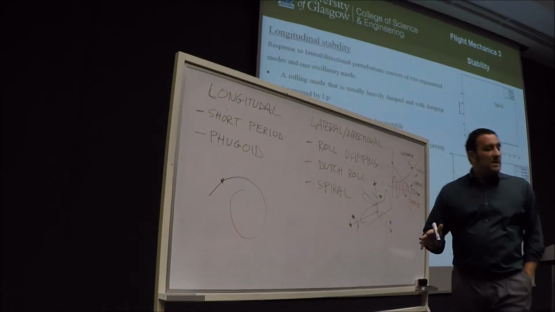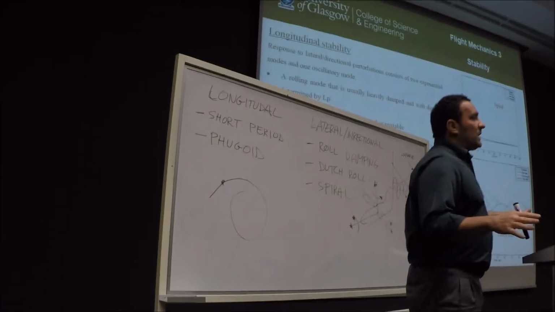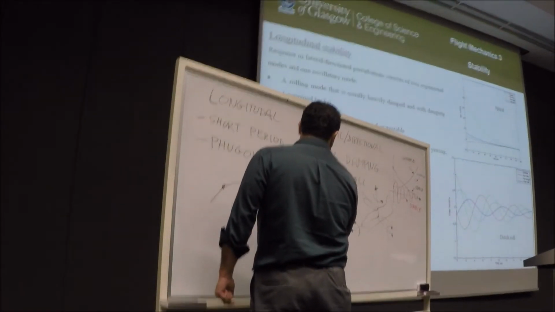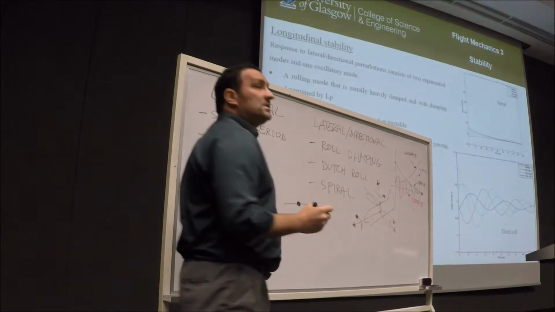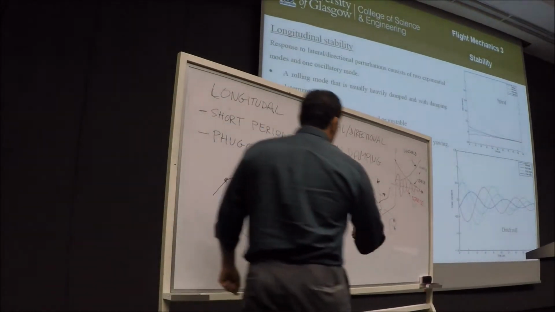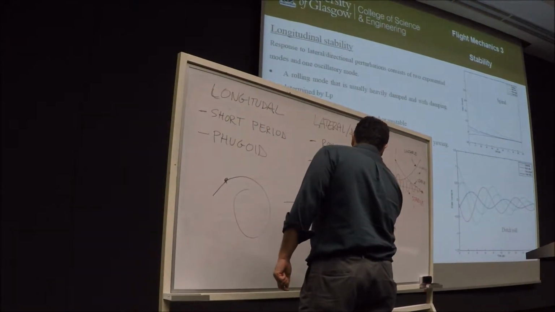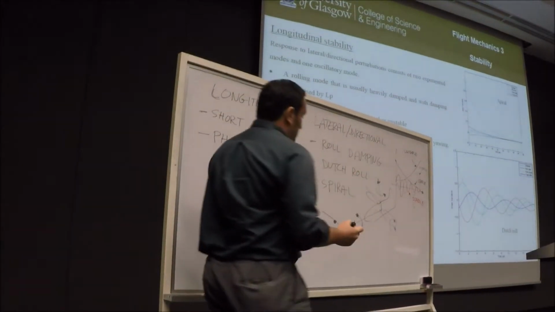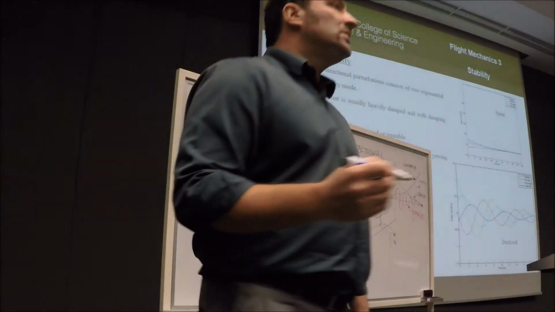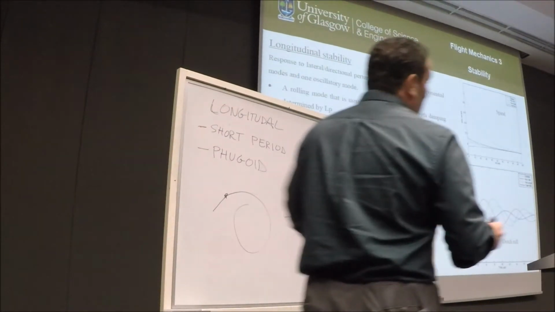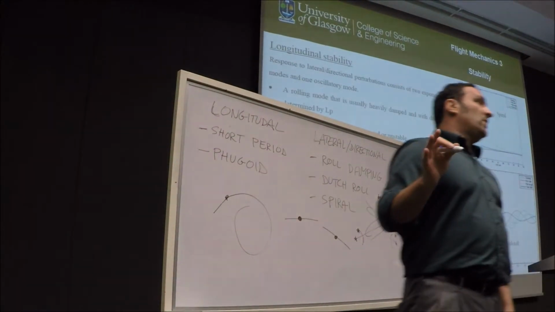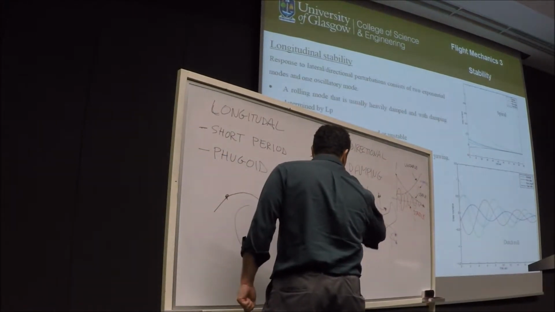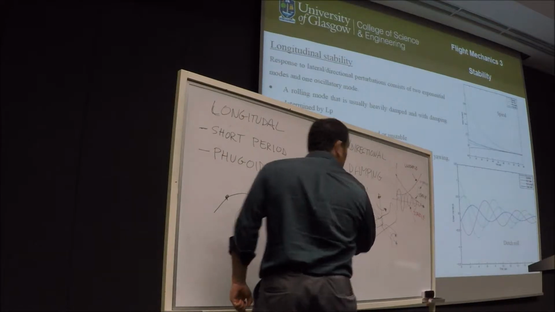Because when you have a roll perturbation, this is the unperturbed situation. And then you have a change in the attitude. In the case of roll, one wing goes up, the other wing goes down. So the perturbation is acting in this direction.